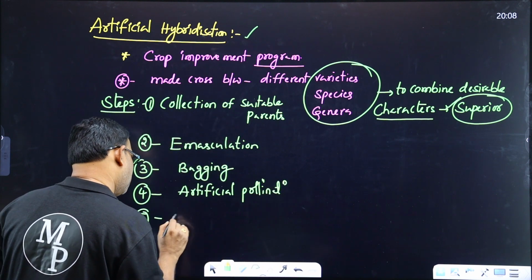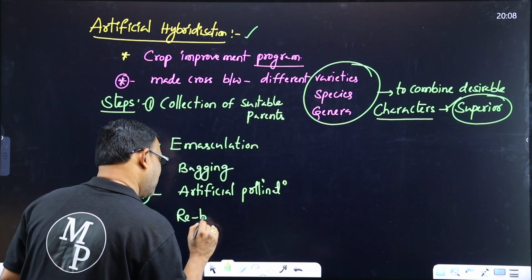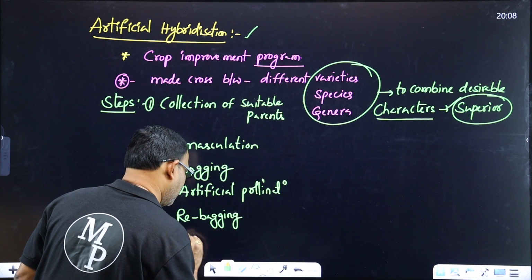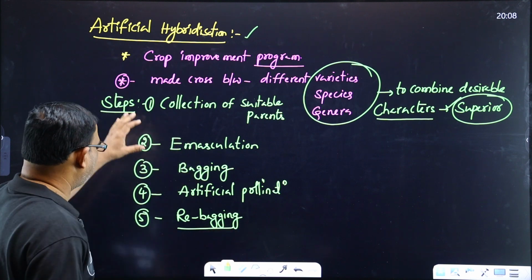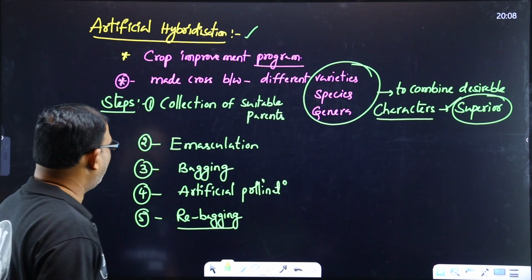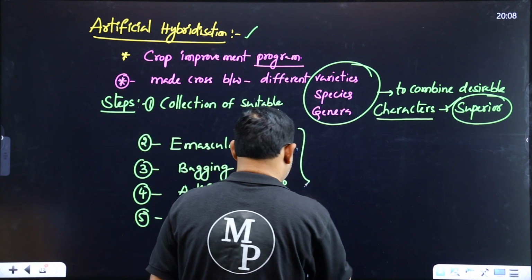Then the fifth is rebagging. Important. These are the 5 steps in the artificial hybridization method.